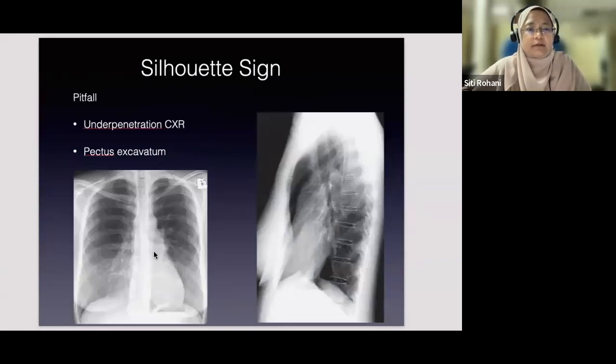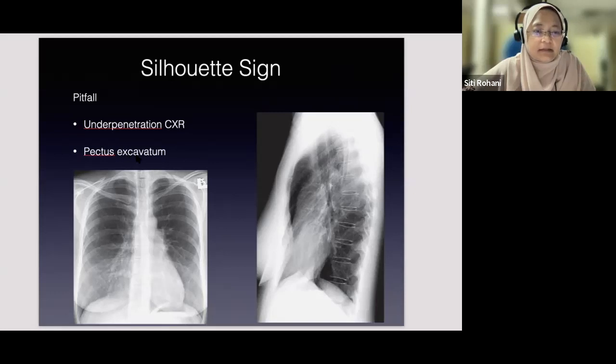But there is a pitfall with the silhouette sign. In a chest X-ray with underpenetration, the film will be more opaque or white, so it is quite difficult for us to appreciate the silhouette sign. And in this case, a patient with pectus excavatum, we cannot see the right heart border clearly.